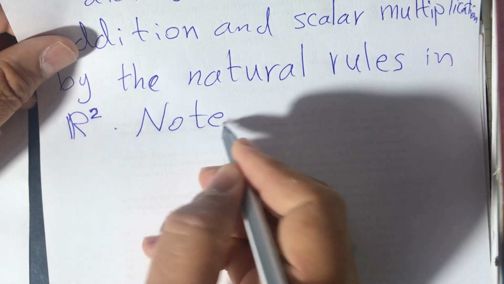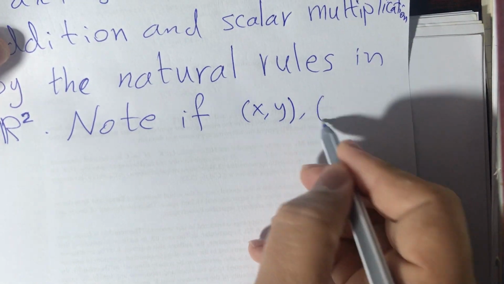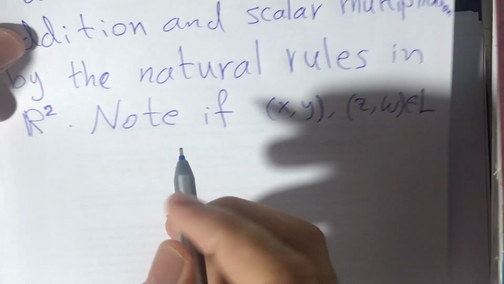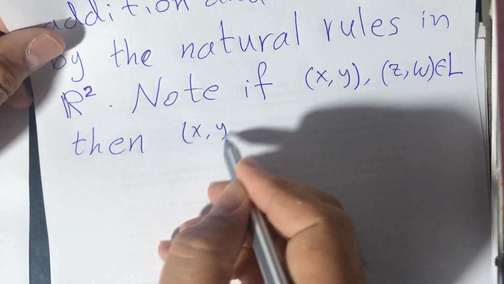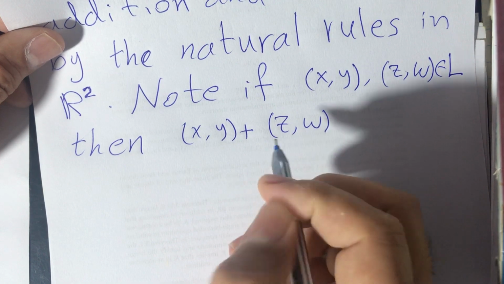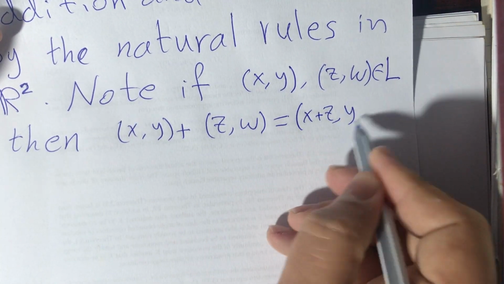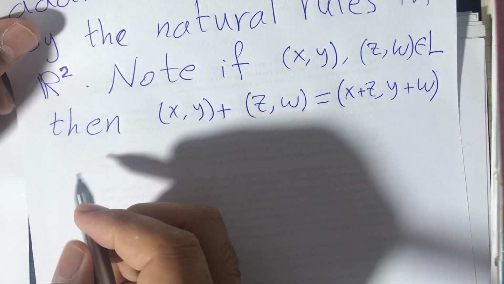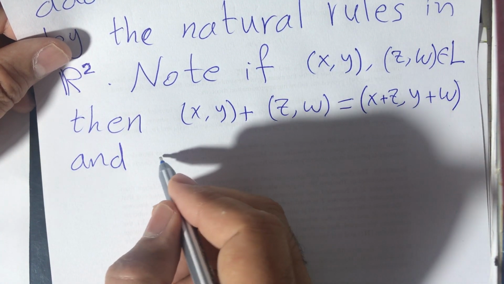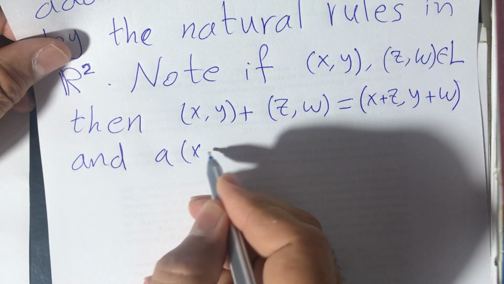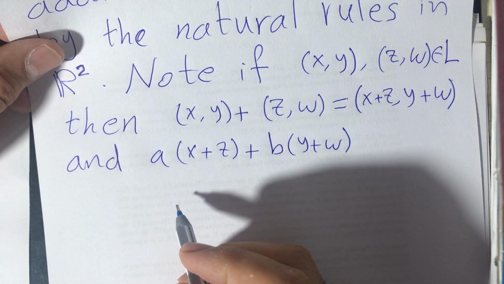Note, if (x, y) and (z, w) belong to L, then (x, y) plus (z, w) is equal to (x plus z, y plus w), and A(x plus z) plus B(y plus w), because this is the definition.